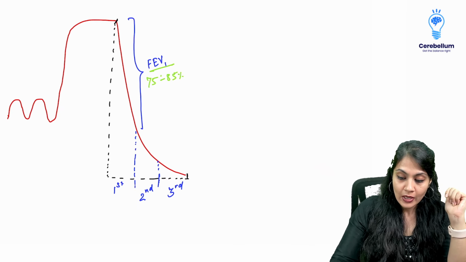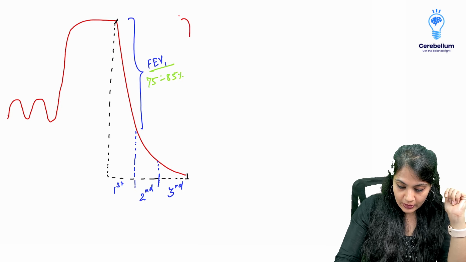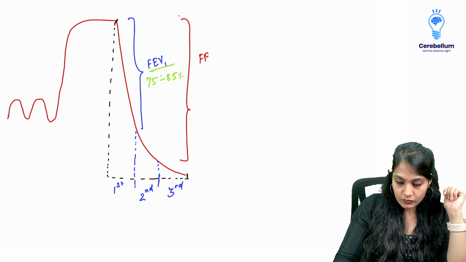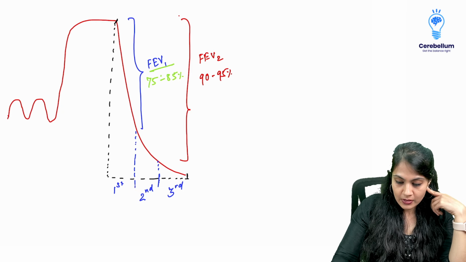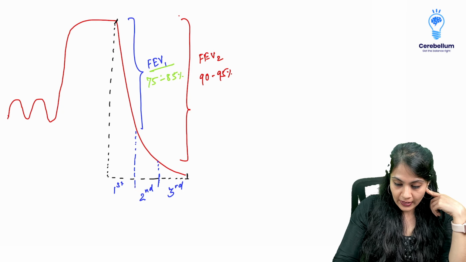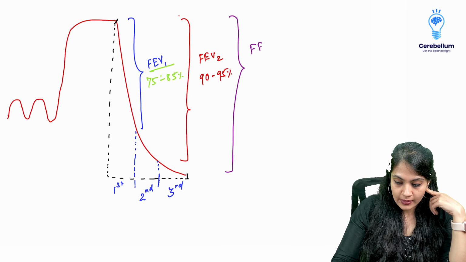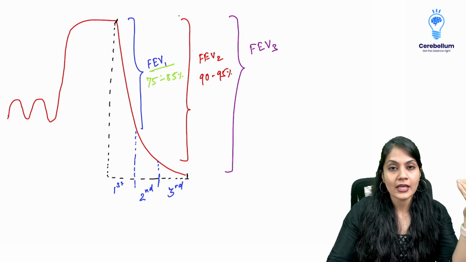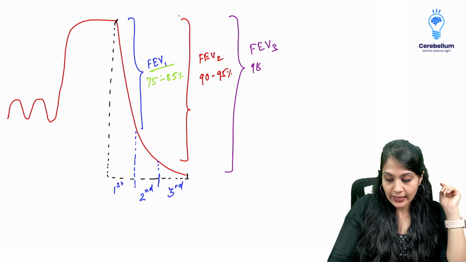Then FEV2, since I'm including the FEV1 in that also, is going to be 90 to 95%. And FEV3 is the total amount of air, right? In some cases it can prolong, it can go up to 4, 5, 6 seconds also. So FEV3 is usually 98 to 100%.